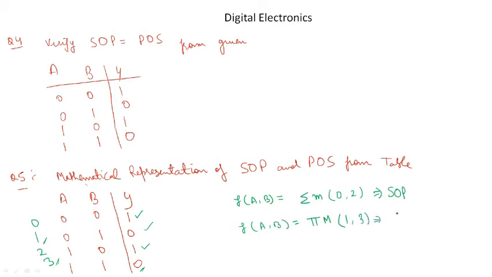This is the POS form, and mathematically we can write it as Pi capital M 1, 3. You have to remember that SOP form is written as sigma small m 0, 2, and POS form is written as Pi capital M 1, 3. Pi is basically for multiplication, and capital M represents the max terms, because in POS form we multiply the brackets, and in SOP form we multiply the variables and then sum them.